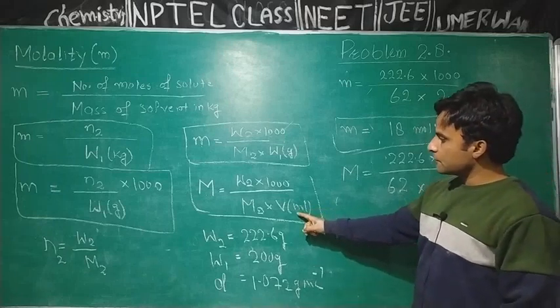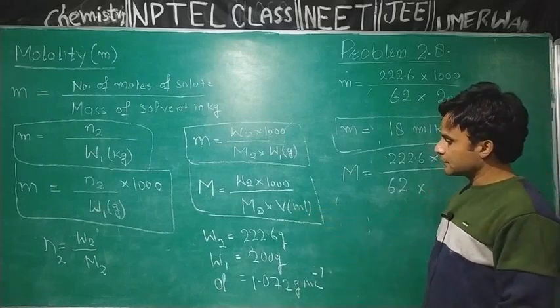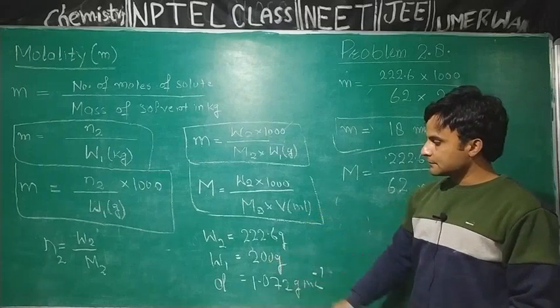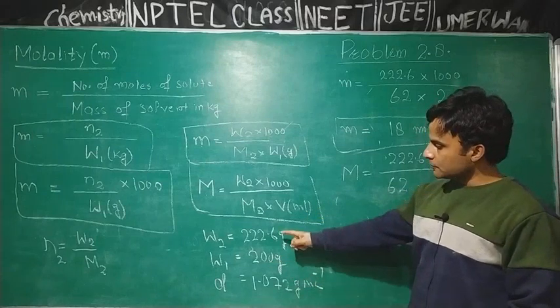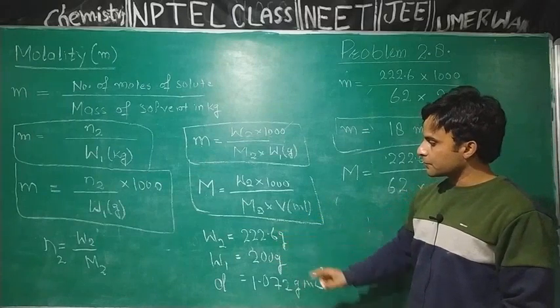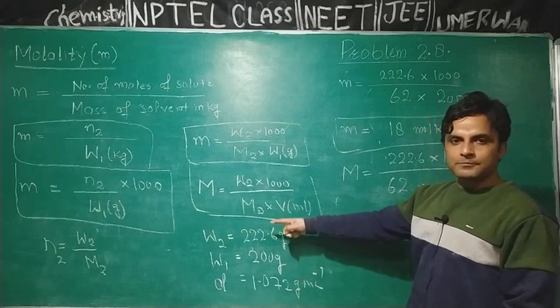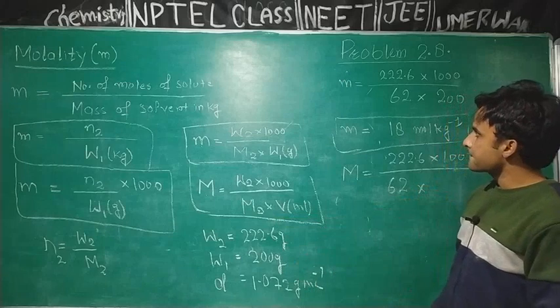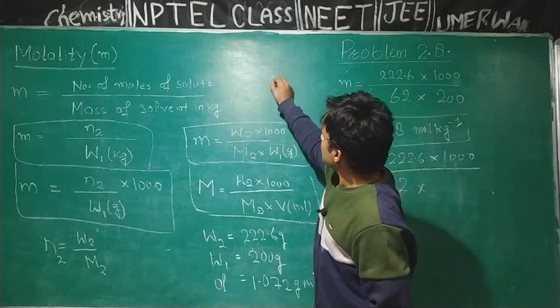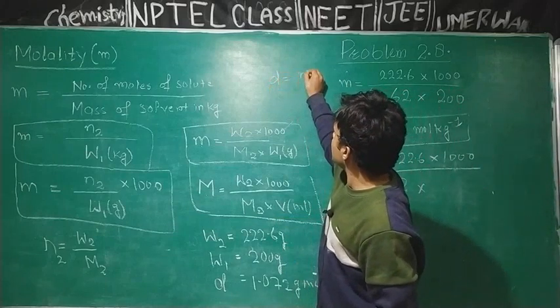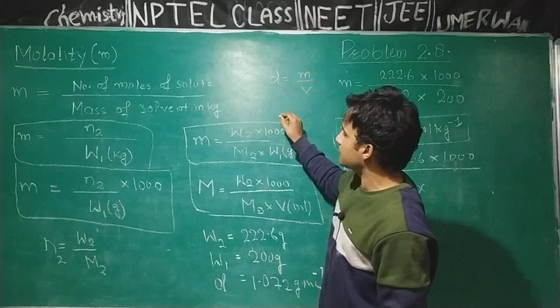But the volume of solution in ml is not given. Instead, the density of solution is given, and I know the total mass of solution, which is 422.6, equal to mass of solvent plus mass of solute. I also know that density is the ratio of mass and volume.